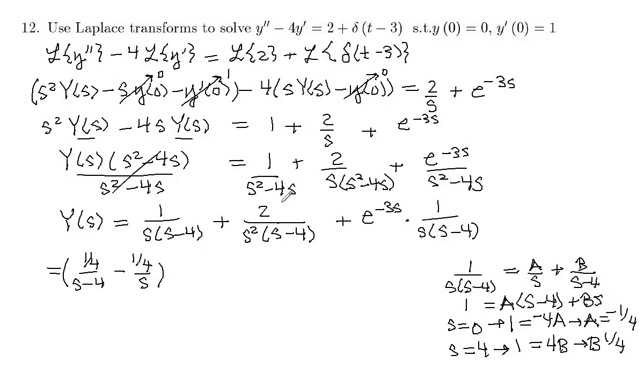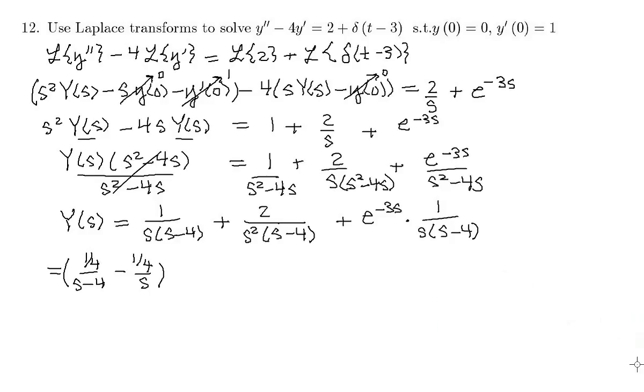And then this also needs partial fractions. If we do that one, it's going to be a little bit different. So 1 over s squared times s minus 4 is going to have an a over s, a b over s squared, and a c over s minus 4.